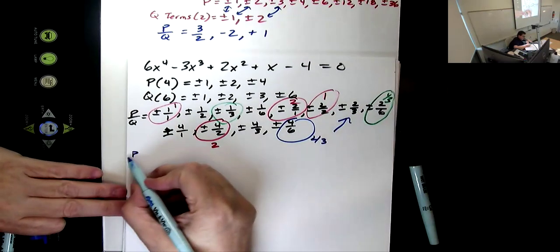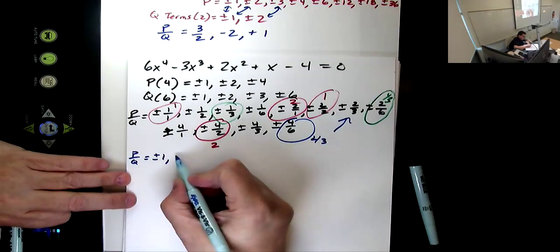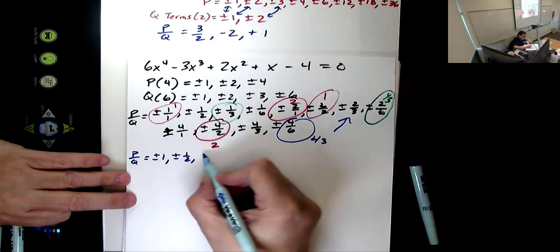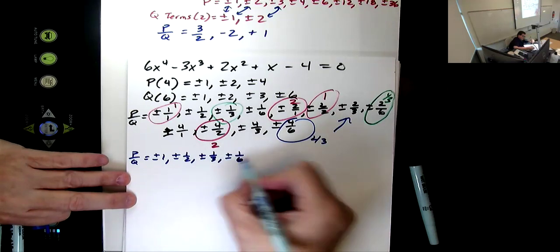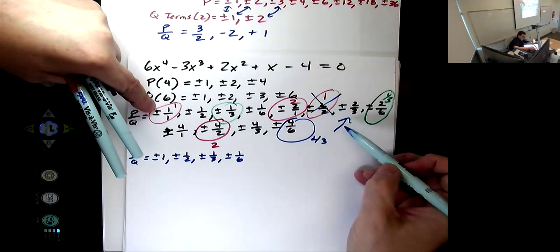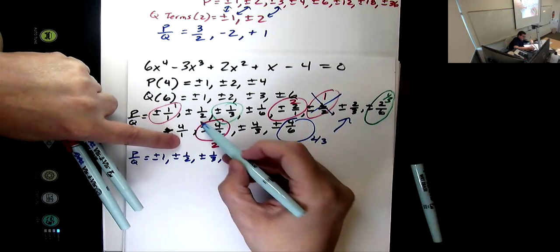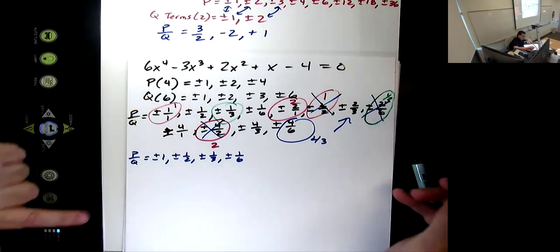So if I trim my list down. This one's here, I'm gonna cross it out to make it easier to track. This 2 is here, I'll cross that out. 1/3 is here, I'll cross that out.